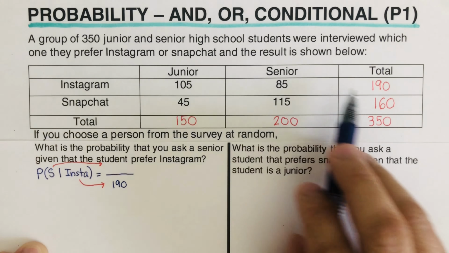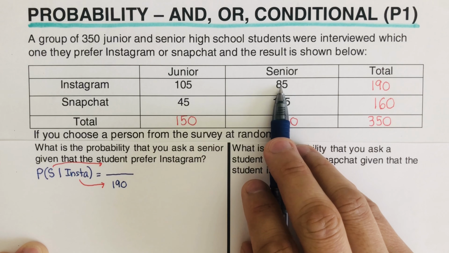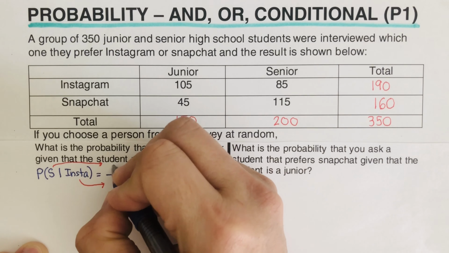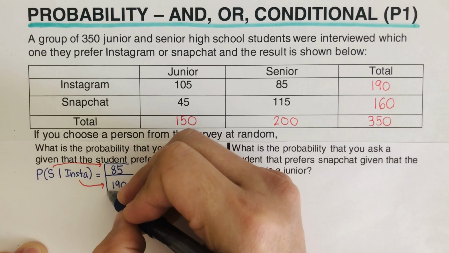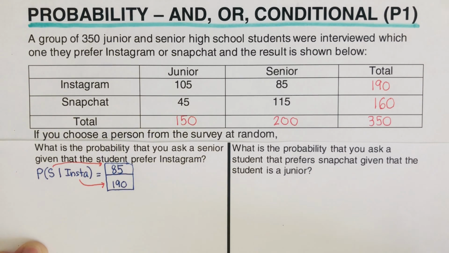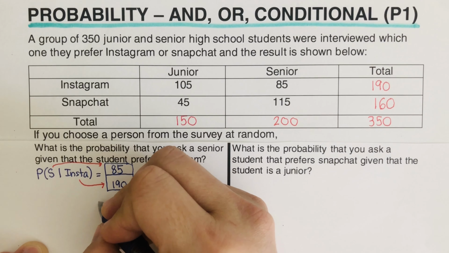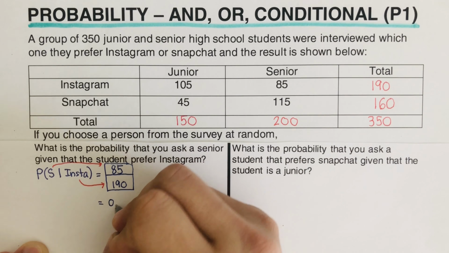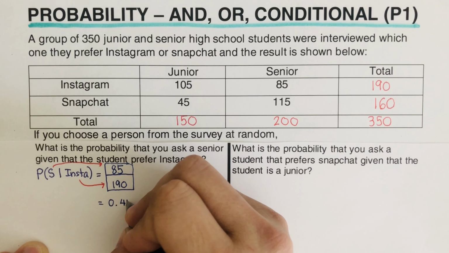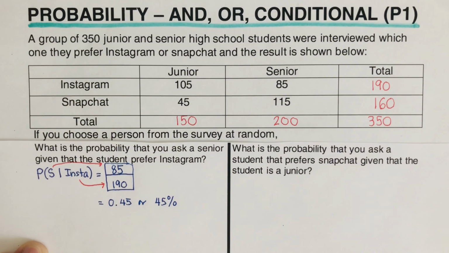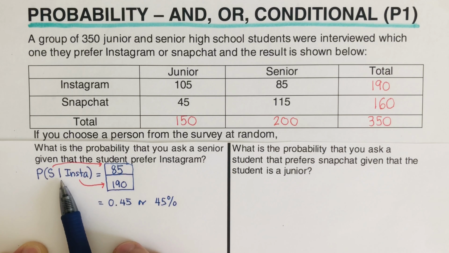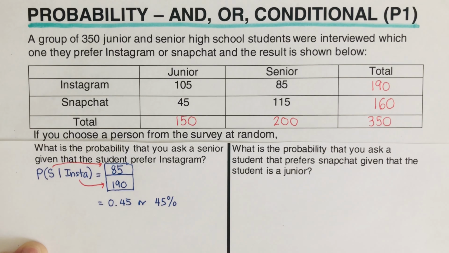And of that 190, there are 85 seniors, so I write 85. This is already our answer. We can change this to decimal, that is 0.45, or 45%. So 45% of the time you are able to ask a senior given that he or she prefers Instagram.